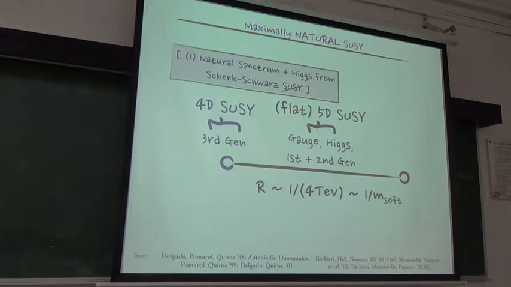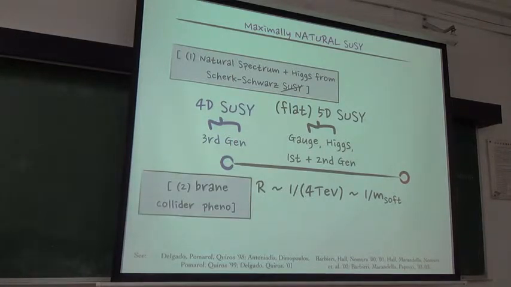Okay. So I'll start off talking in a little more detail about how this generates a natural spectrum where the top partners, the third generation quarks, are the lightest particles and have a big separation from the gluinos. Then I'll talk about how you might see these models and how you might tell that there's some extra dimensional physics involved.